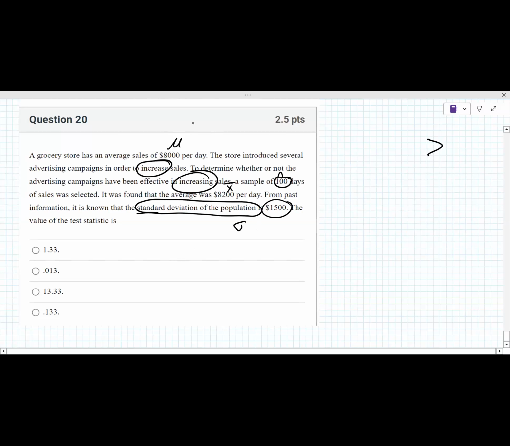So this is a one sample test. Then you have to decide, is it Z or T? Are they giving you the population standard deviation? Yes, 1,500. So that's a Z test. You have to know whether it's one sample or 2, then whether the population standard deviation is given or not. That tells you whether it's a Z or a T test.